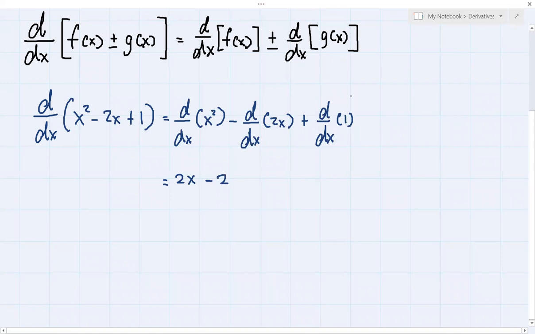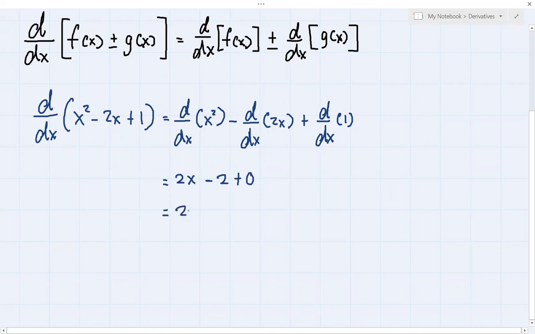And lastly, si 1, kung kukunin mo yung derivative niya, anong sagot? The answer is 0 because 1 is a constant term. And remember kanina, ang derivative ng constant term ay 0. So therefore, the derivative of 1 is 0.